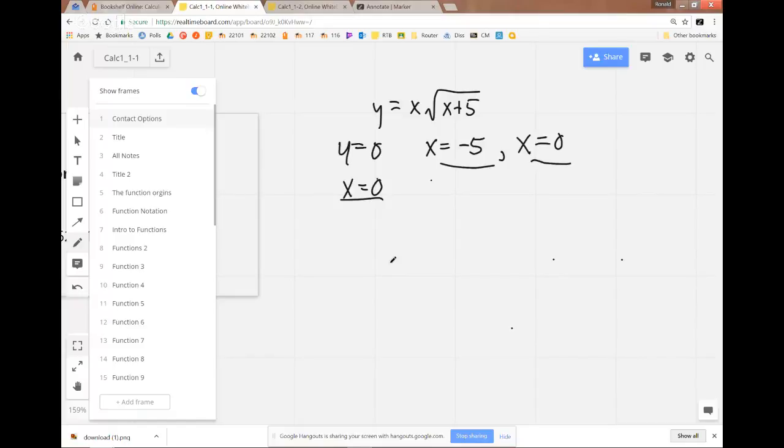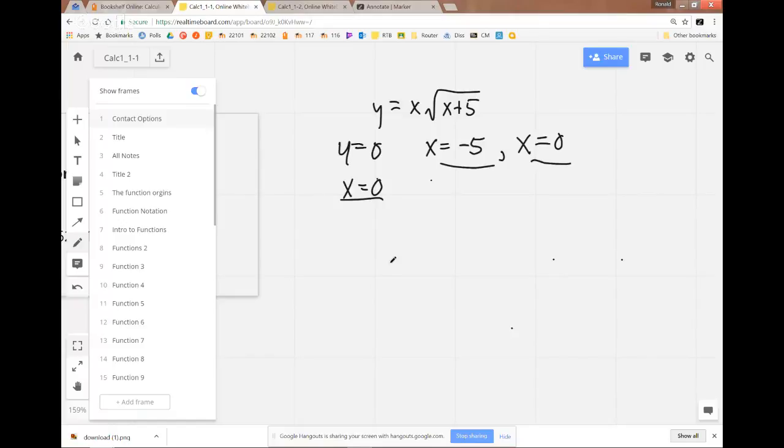Is that going to happen in this case? For example, if we let x equal 1, then we'd have 1 times the square root of 6, the square root of 6. But what if x is negative 1? Now we have negative 1 times the square root of 4. And that's not the same result. So we don't have y-axis symmetry.